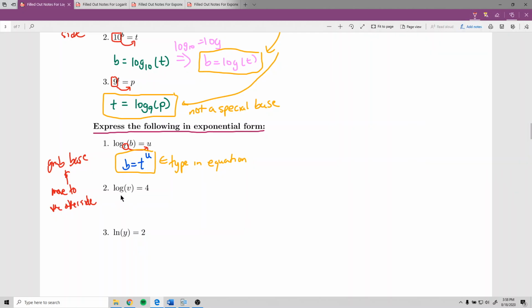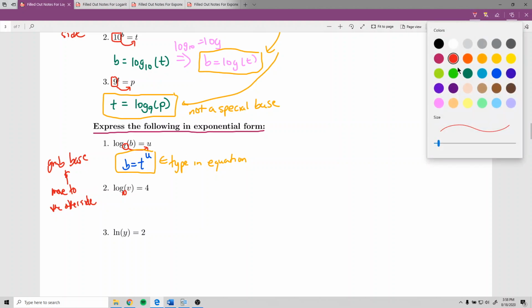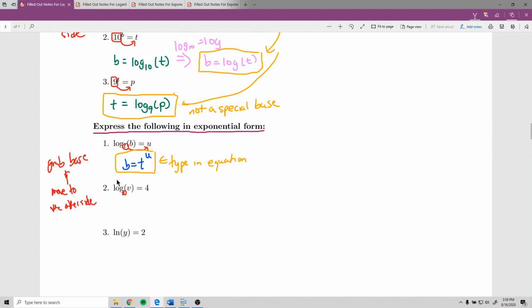All right, so number 2, we have log of v equals 4. Remember, a log without a base has an invisible 10. It's usually helpful to just write it in so you can see it. But we do the same thing we did for the other ones. Grab the base, move it to the other side.